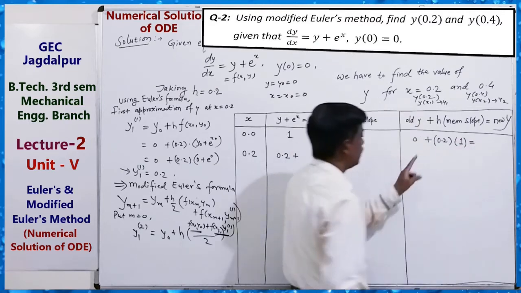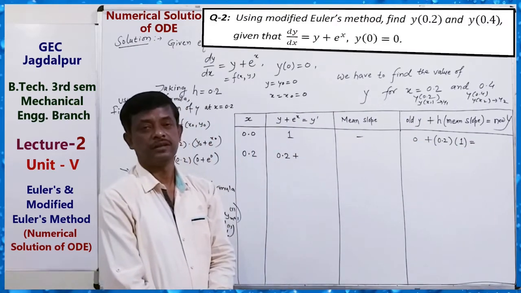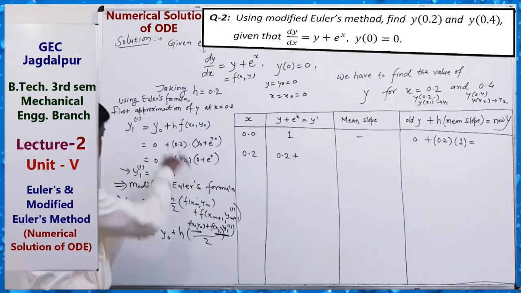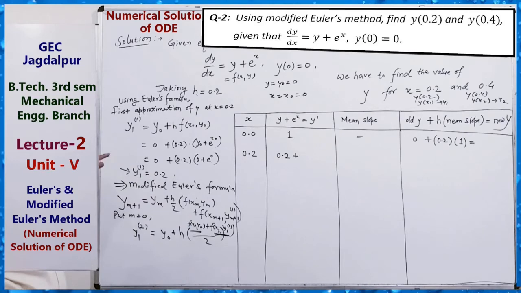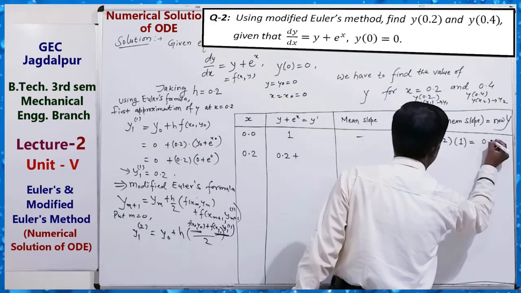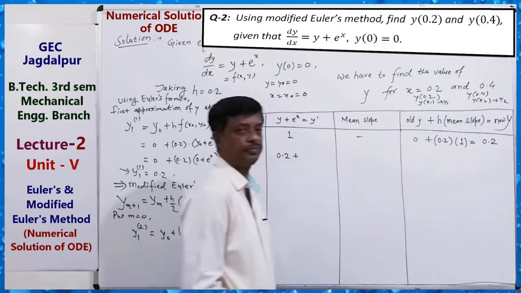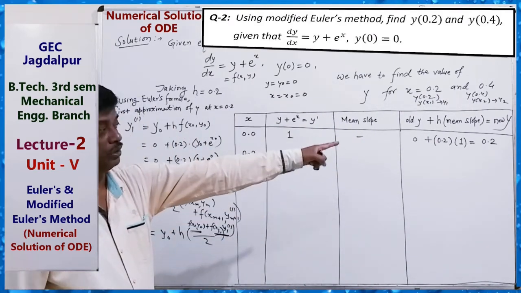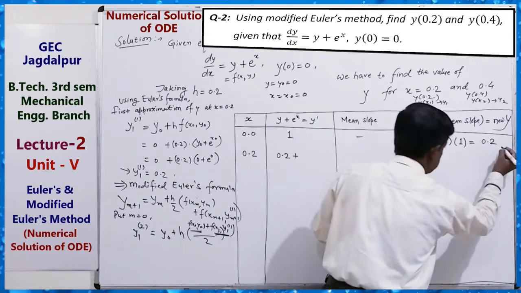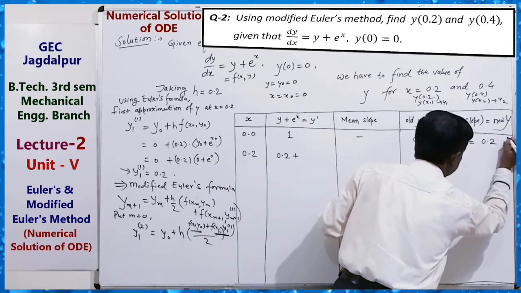This is the new value of y, the first value, 0.2. This is y1, first value.